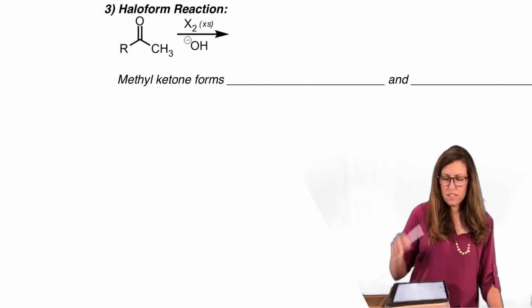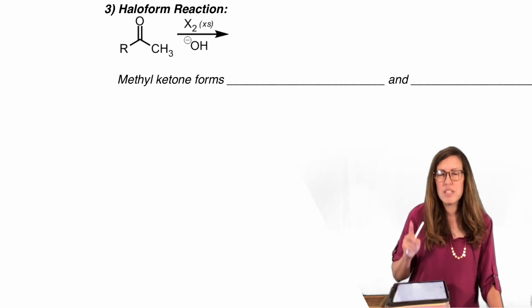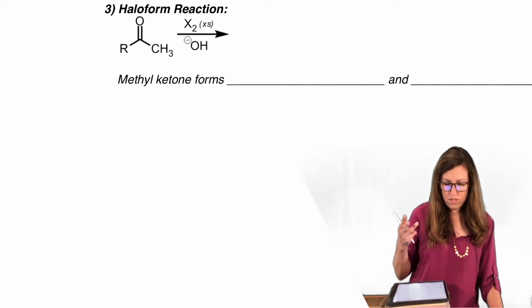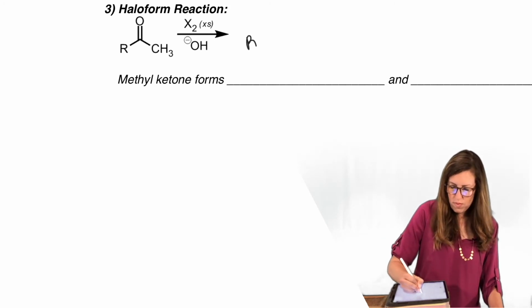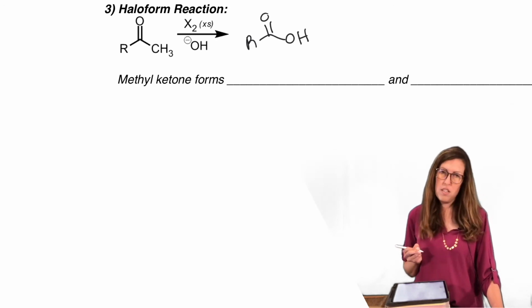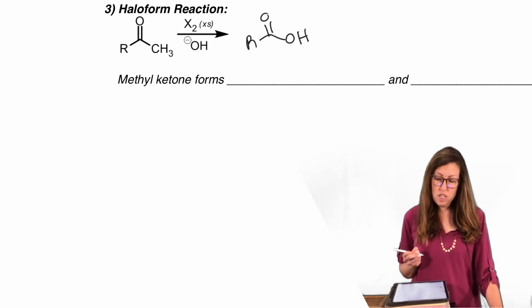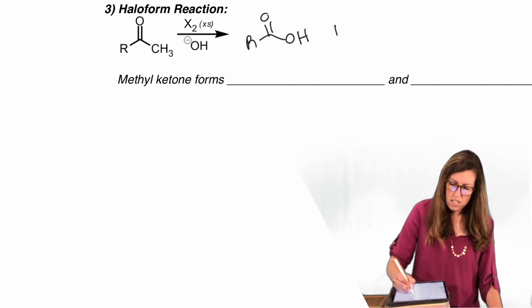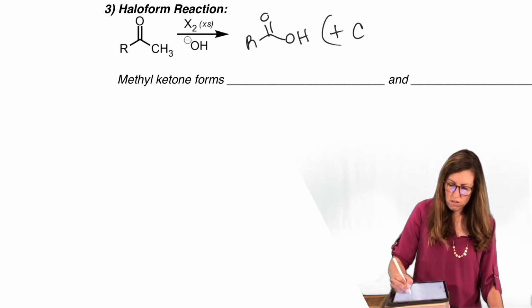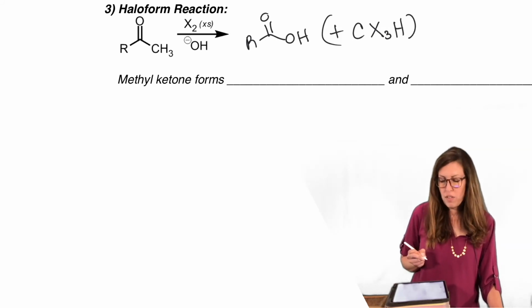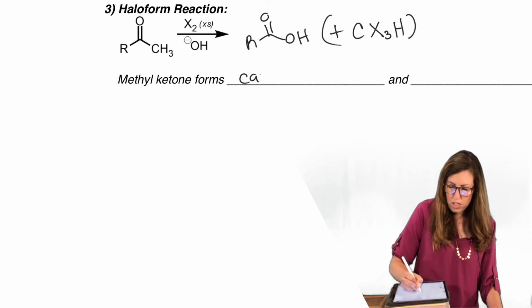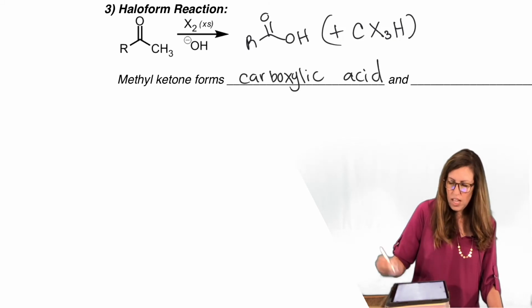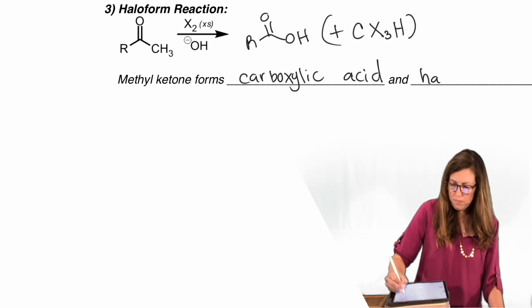Special case, if that carbon is a methyl, so if you have 3 alpha H's, and we're in basic conditions, the carbon's gone. You lose the carbon, and so that's kind of a clue synthetically that it happened. Maybe the haloform product is given as a clue. Before, the methyl ketone forms the carboxylic acid and the haloform.